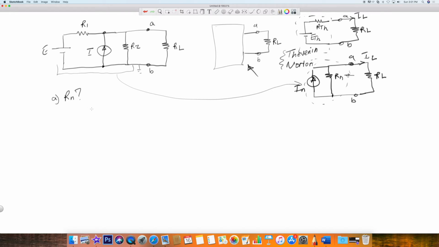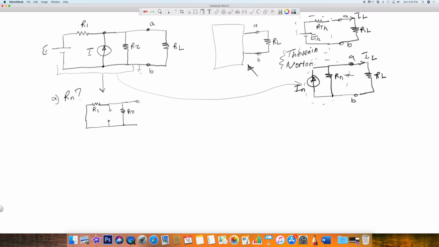To do that, the principle is the same as in Thevenin. You're going to short your voltage source and open your current sources. If we take this circuit right here and do just that, we will have a short for E, R1 will be here, we will have an open for the current source, and we would have R2 right here.